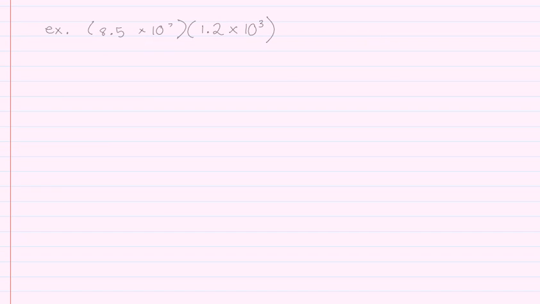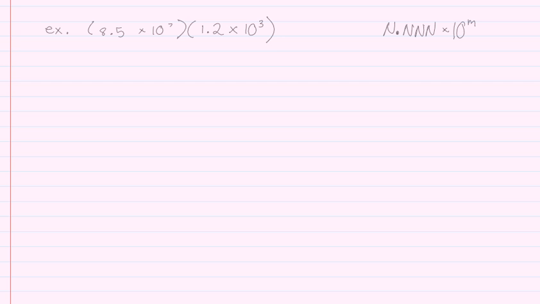In the next section of 5.1, we discussed scientific notation. With scientific notation, our end goal is to have one number to the left of the decimal place, and then however many other numbers as far as significant figures, and 10 to a power of some sort.